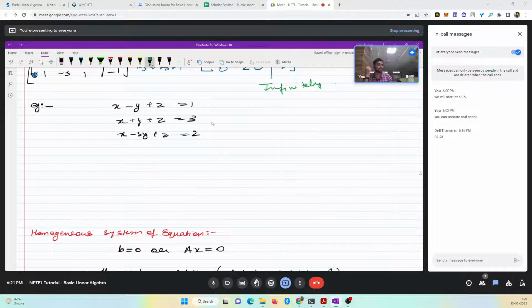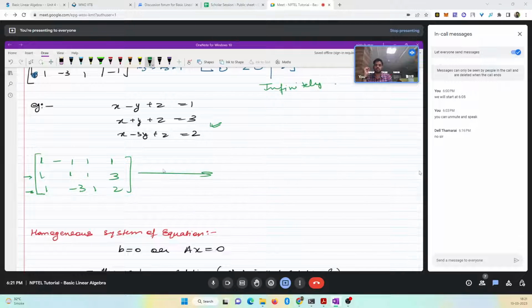Similarly, you can try this example on your own, and here you will get no solution. I'll do it quickly. 1, minus 1, 1, 1; 1, 1, 1, 3. This is 1, minus 3, 1, 2. So we want both these entries to be 0.